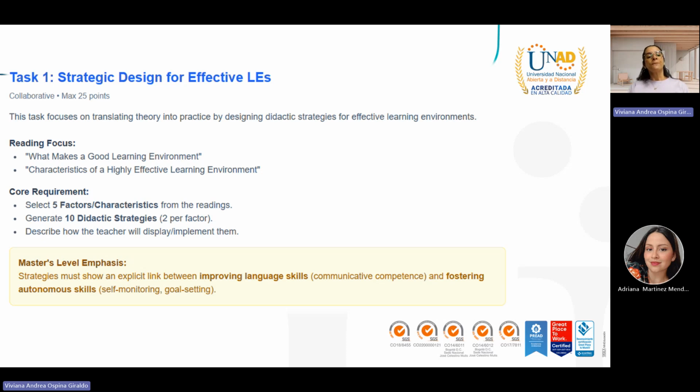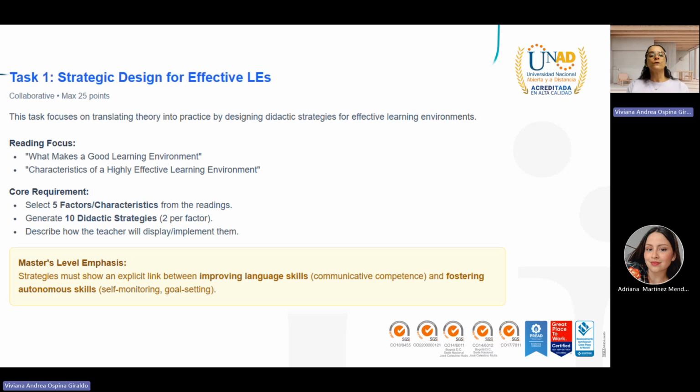So the idea is that you select the 5 factors from the readings and generate 10 didactic strategies, 2 per factor. Describe how the teacher will display or implement them. And the idea is that you explicitly link the improving language skills and the fostering of autonomous learning.